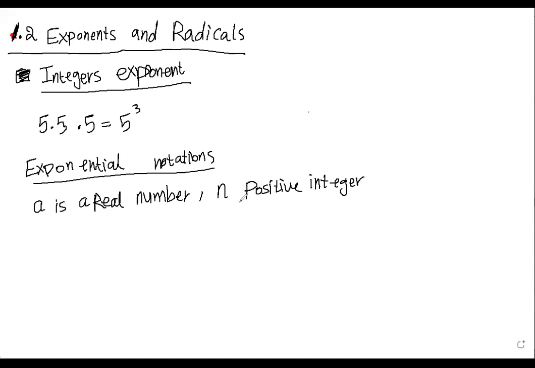What are the positive integers? Numbers greater than 0, like 1, 2, 3, 4, 5.